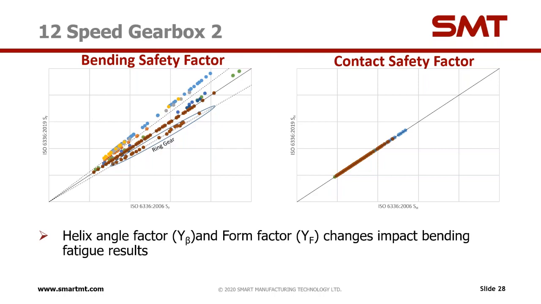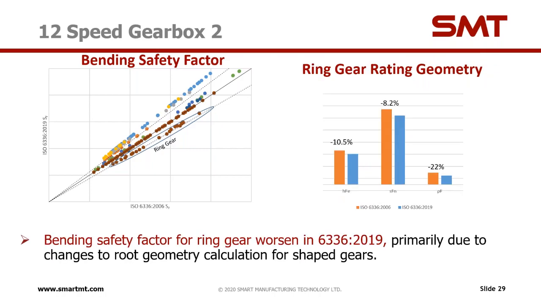In relation to the contact safety factor, again, the results are identical for both standards. So here we would actually look at what actually caused this change. As previously, this is due to the calculation method for our ring gear rating geometry.